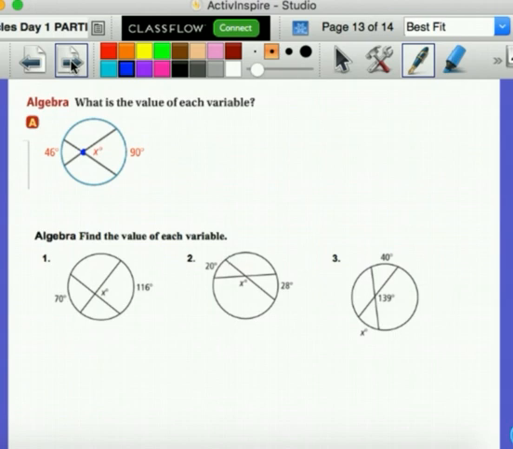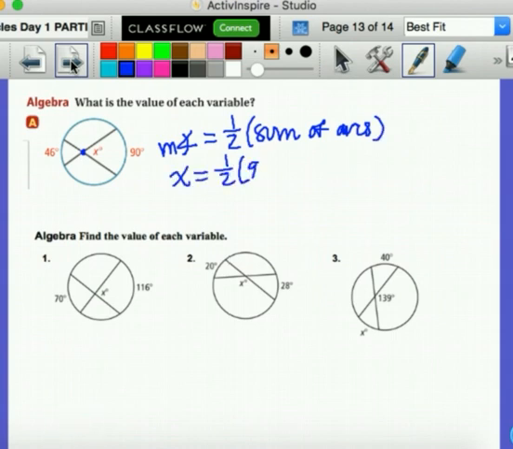So because of that, the measure of the angle equals half the sum of the arcs. So X should equal half of 90 plus 46. If I take half of 90 plus 46, I end up with X equals 68 degrees.